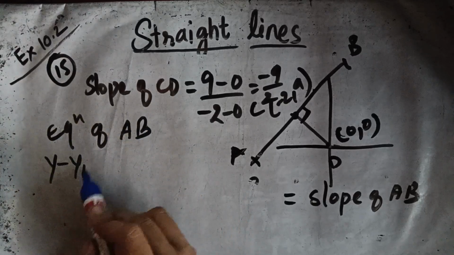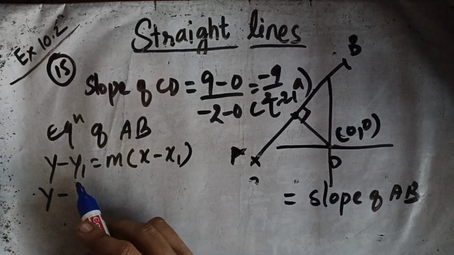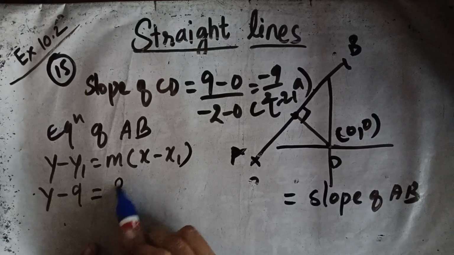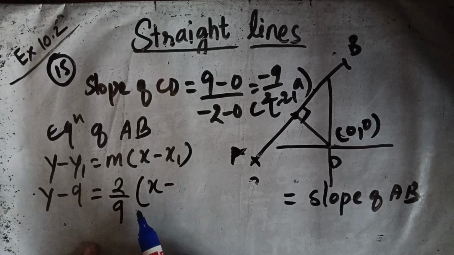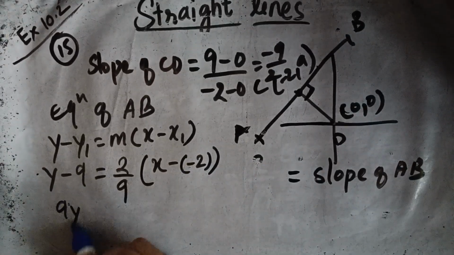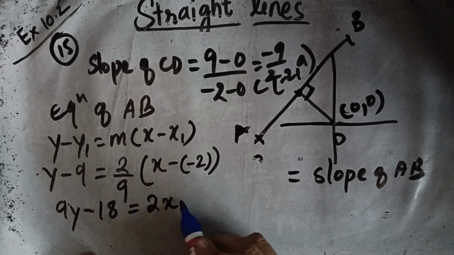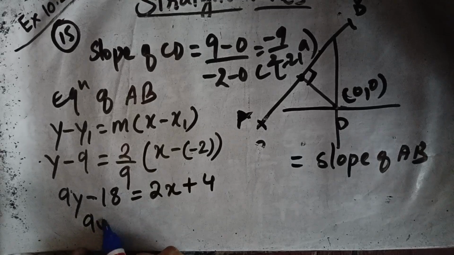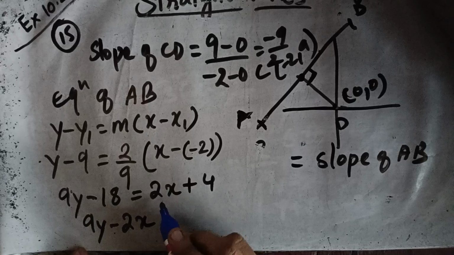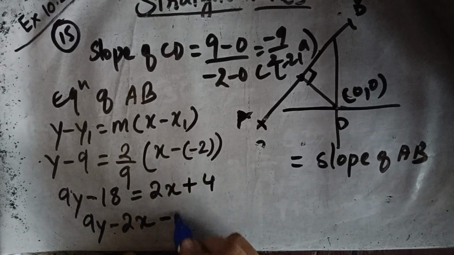So y minus y1 equal to m into x minus x1. y1 is 9. Slope we got 2 by 9. x1 is minus 2. 9 you can multiply. So 9y minus 2x plus 18 plus 4.